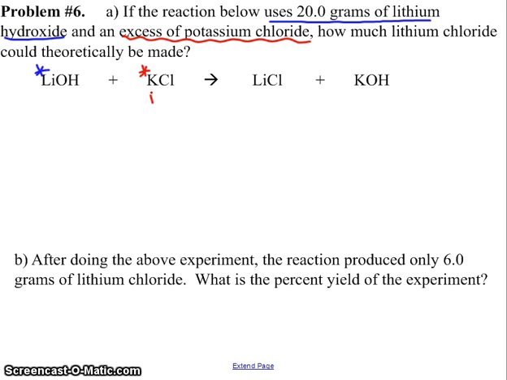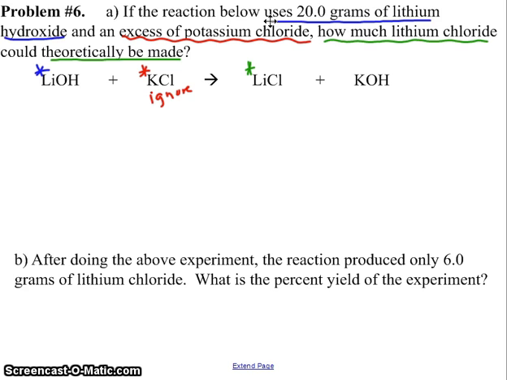Basically that means just ignore this substance. Excess means you don't need to factor that into the problem. But the next part of this question says, what we're trying to find is how much lithium chloride could theoretically be made. So lithium chloride is this substance on the product side right here.